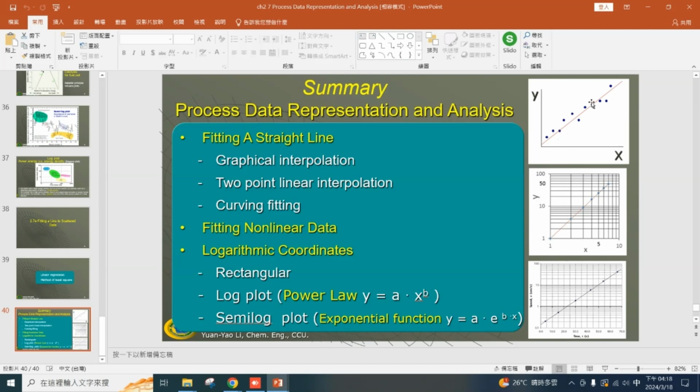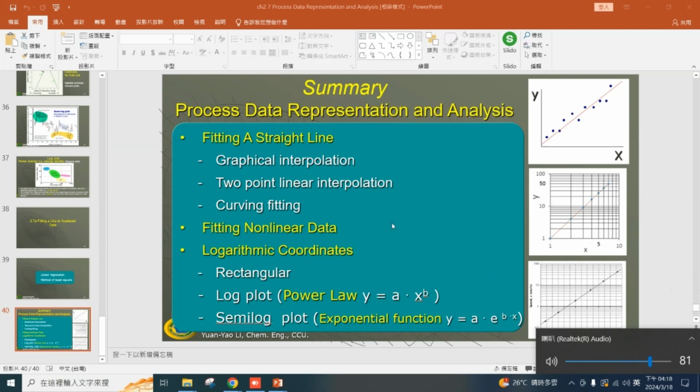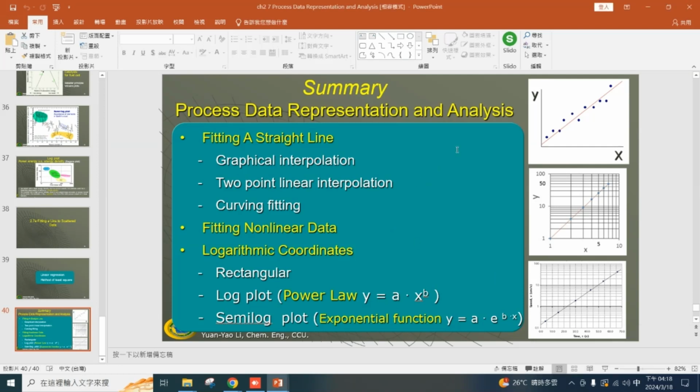If you have a straight line, you can find the equation. For example, you can use graphical interpolation to find a straight line, right?